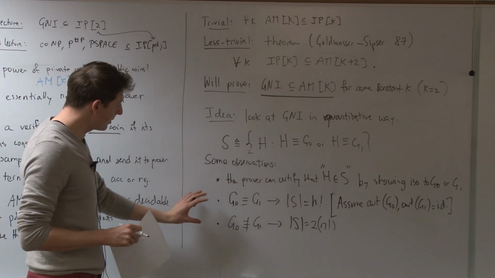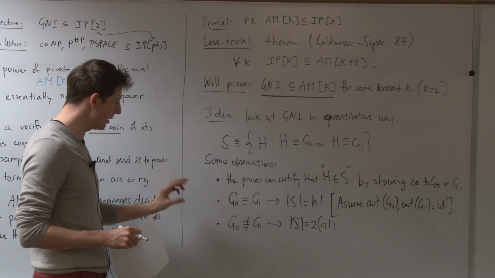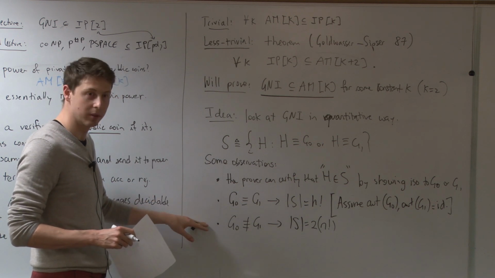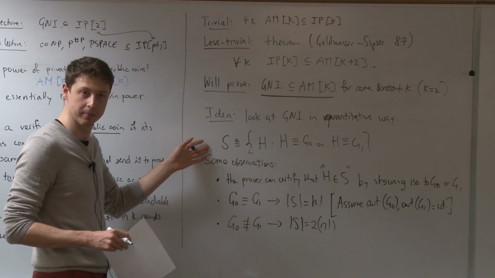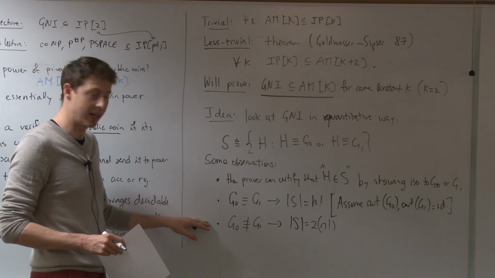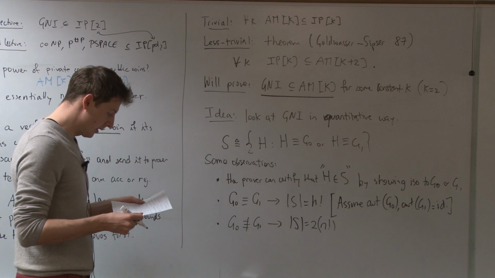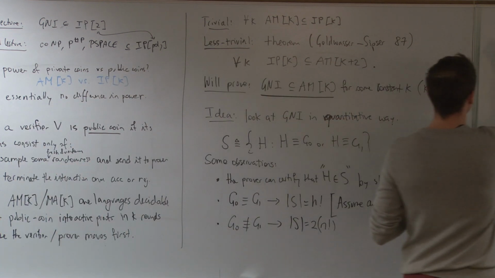But the point is that the strategy to construct a public coin protocol is going to be precisely based on that. The prover will try to show the verifier, by a public coin protocol, that this set is large. Okay, so it's at least of size 2 times n factorial as opposed to n factorial. Let me just write it here.